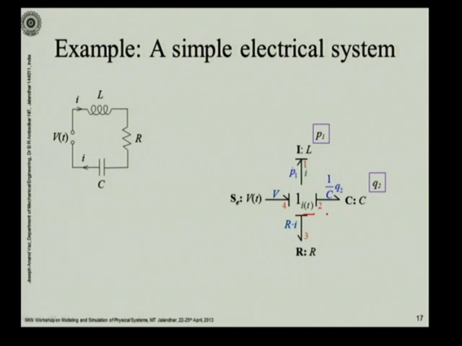Because all these bonds are connected to the same one junction, all of them are going to have the same flow. So here you have the I element, and what is this I element? It is actually the generalized momentum or the flux linkage divided by the inductance, the value of the inductance.